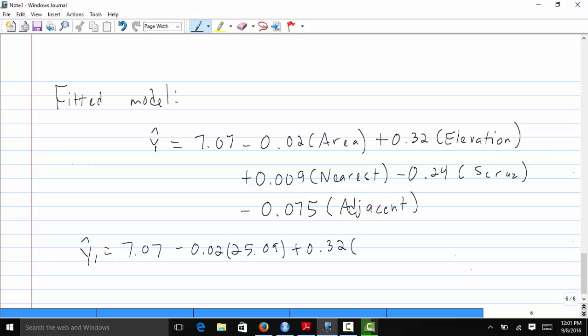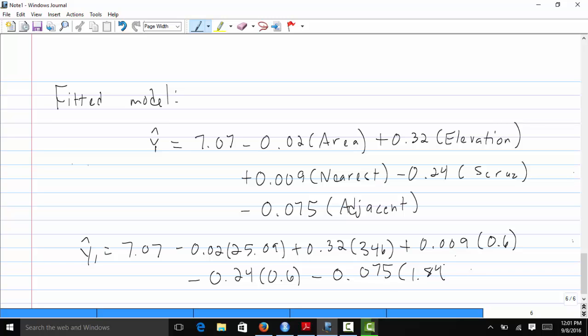So plus 0.32 times 346 plus 0.009 times 0.6 minus 0.24 times 0.6 minus 0.075 times 1.84. Okay, so now I just need to compute that. And if you do this, you should get some number close to 117.